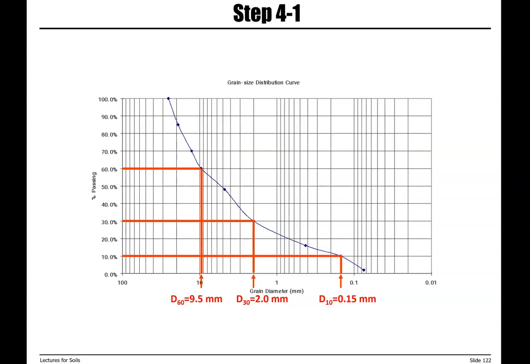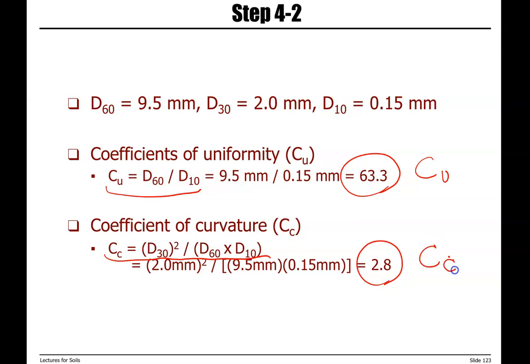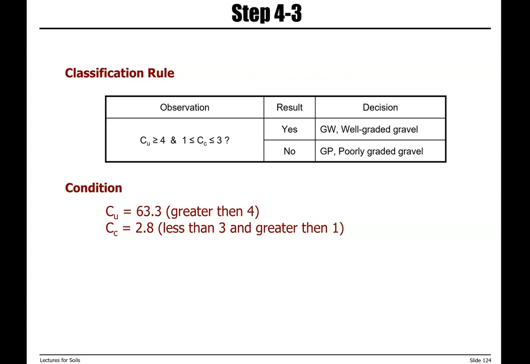And then you can calculate coefficient of uniformity as D60 divided by D10 and coefficient of curvature as D30 to the power of 2 divided by D60 times D10. So this is our coefficient of uniformity. This is our coefficient of curvature.